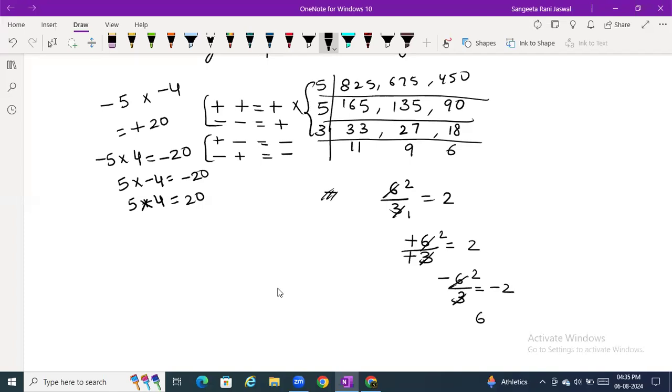And if the numerator is positive and the denominator negative, the negative sign, wherever it is, for the numerator or the denominator, is for the whole fraction. So the answer will be minus 2 only. Okay, you understood this?